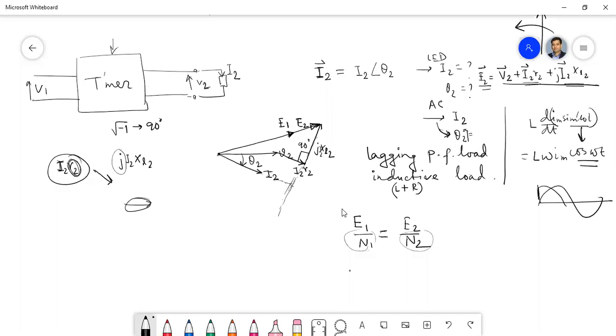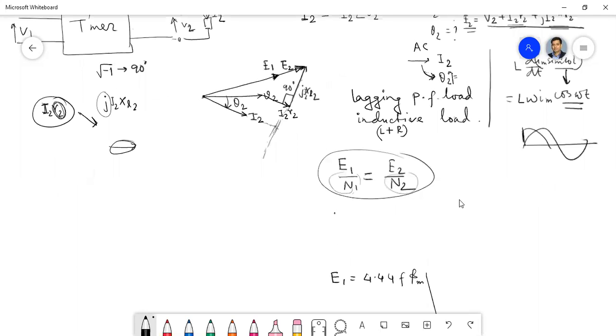We will use all the equations we have written before. So what is E1? E1 is 4.44 f phi m N1. That is regarding the value, but from this we cannot evaluate the phasor relation.